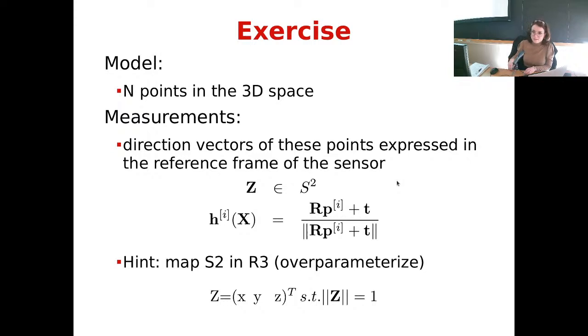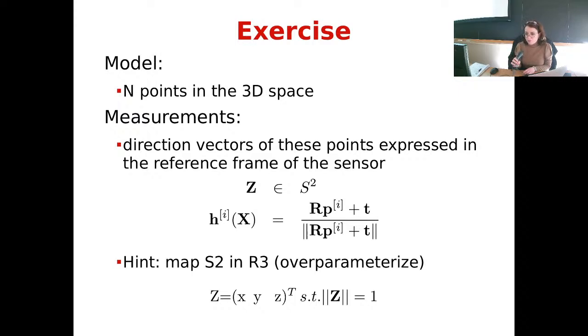S2 is S2 squared? No, it's the sphere. The unit sphere. It's the name of the manifold of the unit sphere. So it's the domain of the unit vectors, which is the unit sphere. Just what mathematicians like to do. S2 is the domain of the sphere.